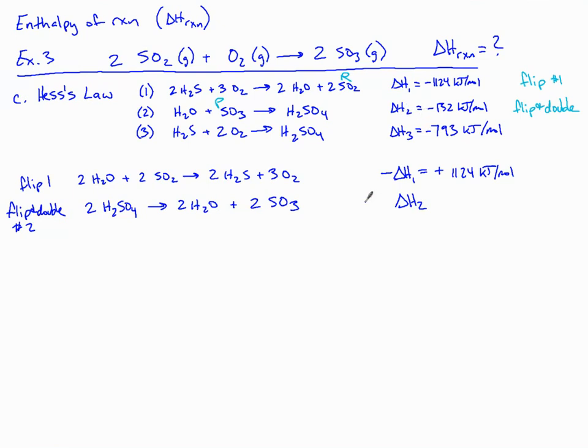We flipped it, so it's negative. We changed the sign. And we doubled it, so we have to double the delta H. So when we flip and double this one, we find it is positive 264 kilojoules per mole.